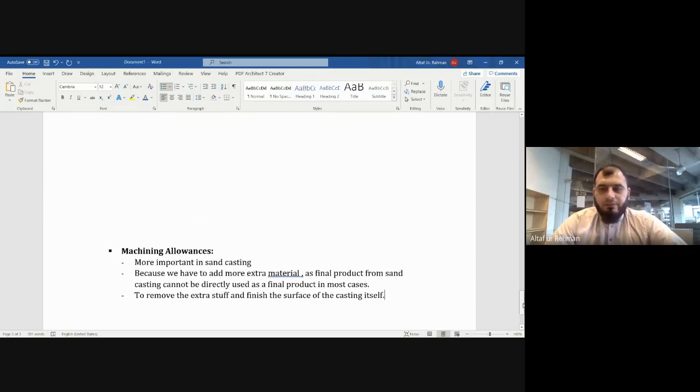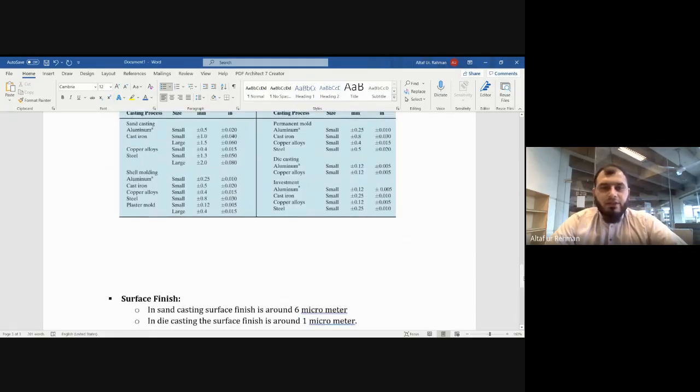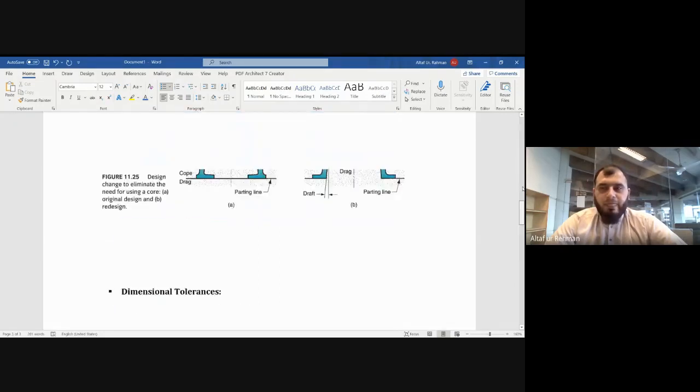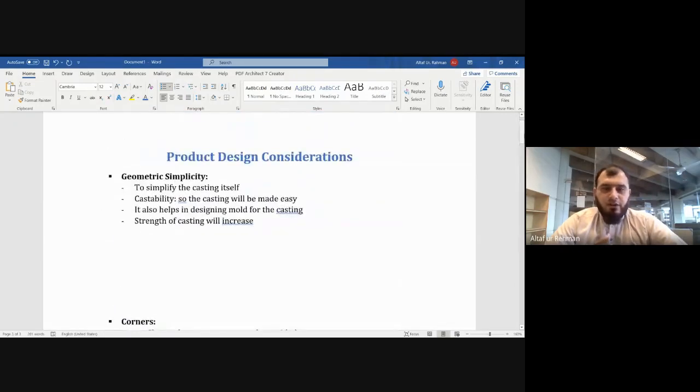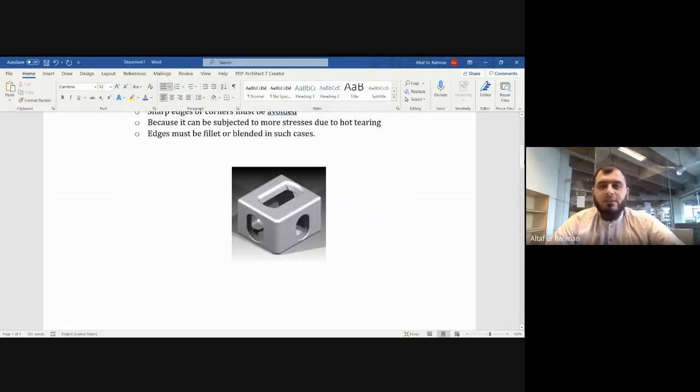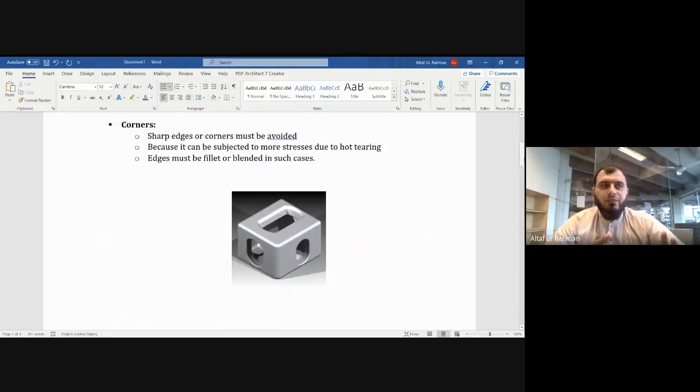Let me summarize it again. For casting any product, we need to follow some guidelines, which include geometric simplicity. The simpler the product, the better. The fewer the corners, or the smoother the corners, the better the casting will be.